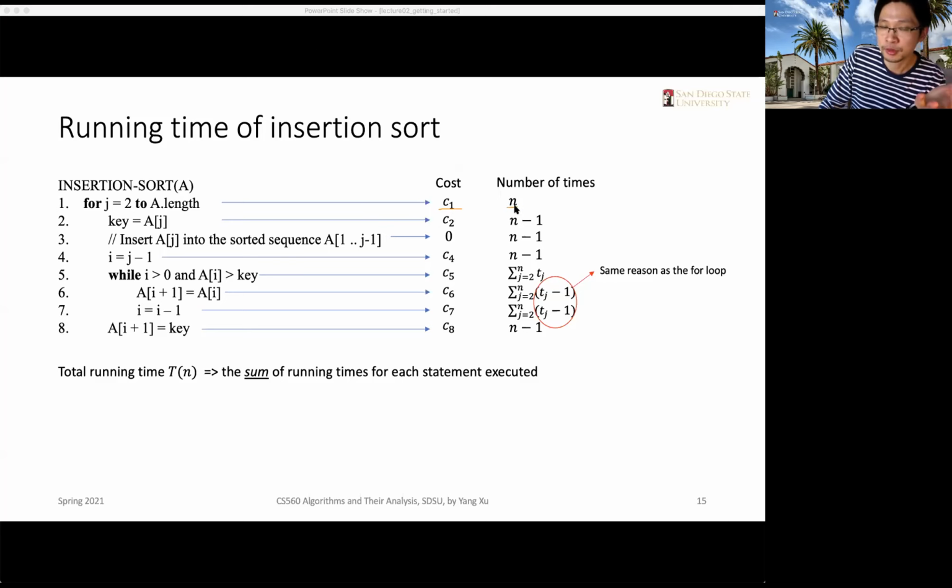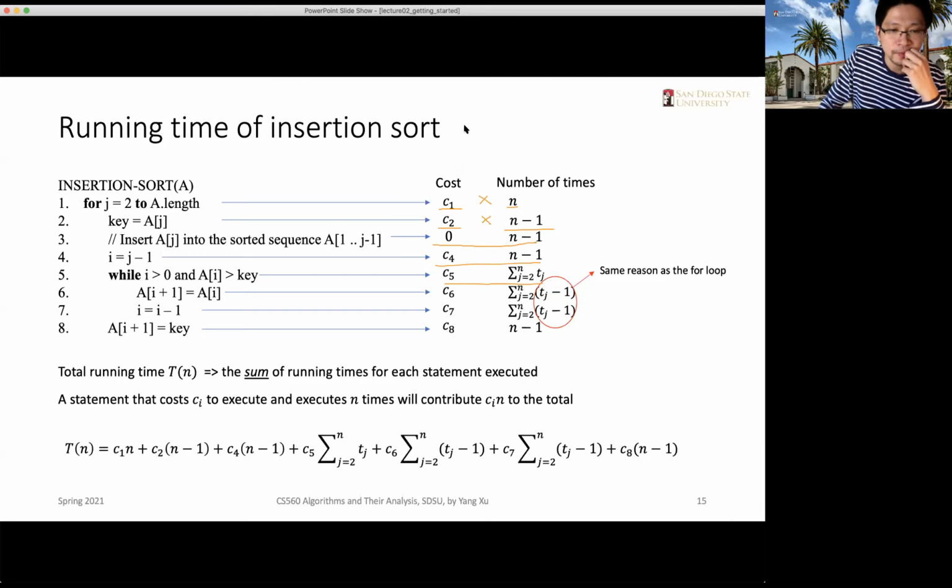Then the total cost for line 1 should be C1 times n. And for the second line, it will be C2 times n minus 1. And for line 3, line 4, and all of those lines, we need to use the constant cost times the number of times in order to get the total cost.